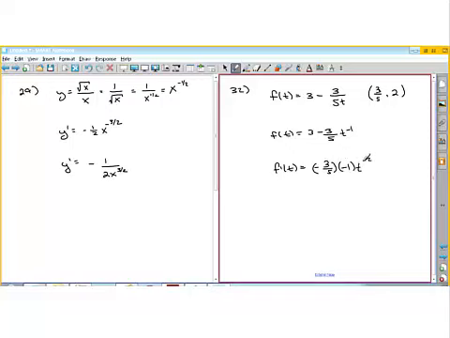You change the exponent to -2. So the -3/5 becomes positive. And then you can move the t to the -2 power to the denominator. So we can have 3 over 5t squared as the answer.